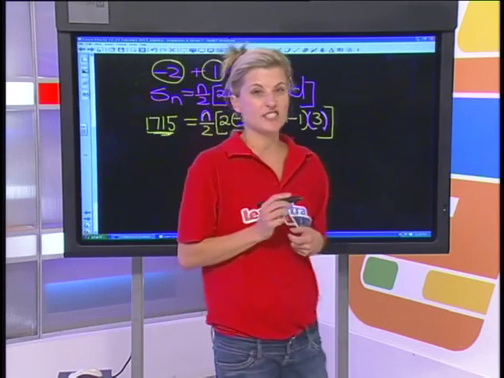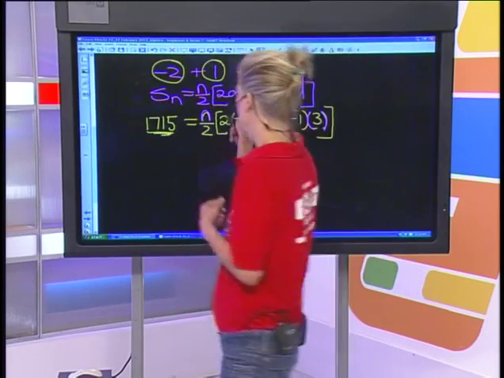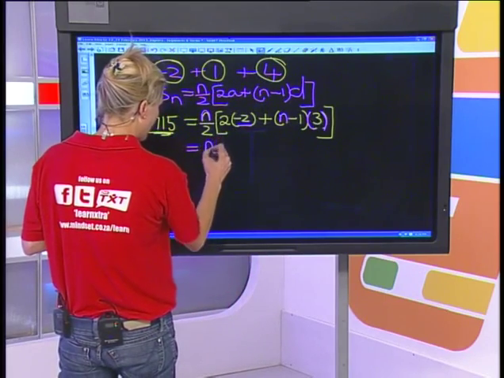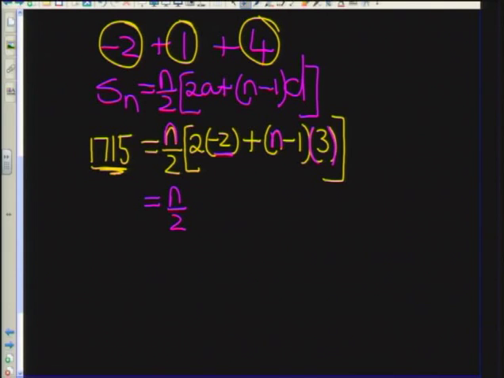Now, this is all the hard thinking work done. From here on, it's just a bit of algebraic manipulation. So let's get on with that. I'm going to start at the inside of my bracket. So I'm going to say, right, 2 times -2 is -4. Then I'm going to distribute the 3 into the bracket, so that'll give me -3 plus 3n.